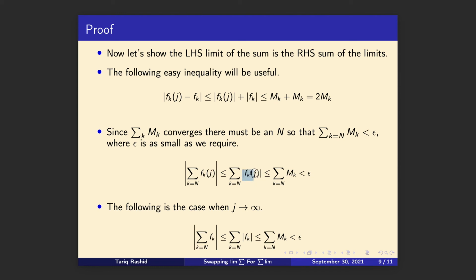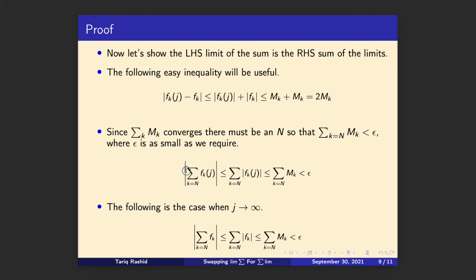Now remember, this thing is dominated by mk by definition. So we've come to this expression so far, which is here less than epsilon. So it's saying that we can make this quantity less than epsilon. Now if we say j goes to infinity, we know that fk exists.